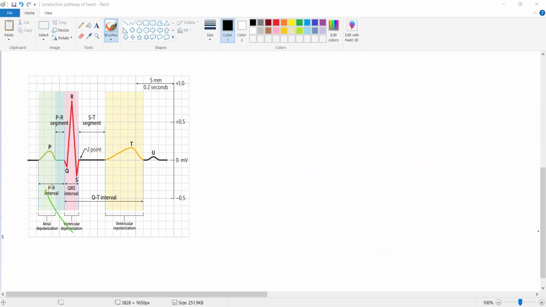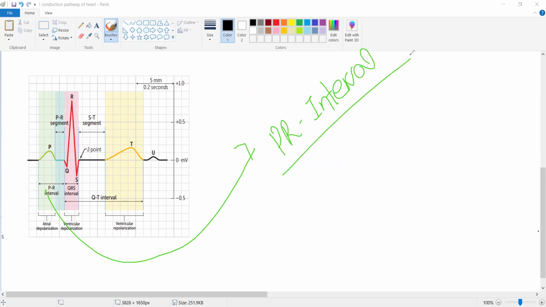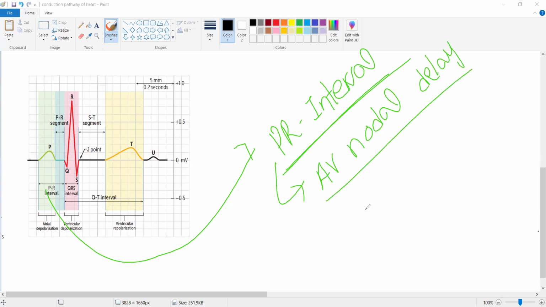What is the significance of the PR interval? Clinical correlation, very high yield stuff. The PR interval represents the AV nodal delay. If this delay is increased, what happens to the PR interval?